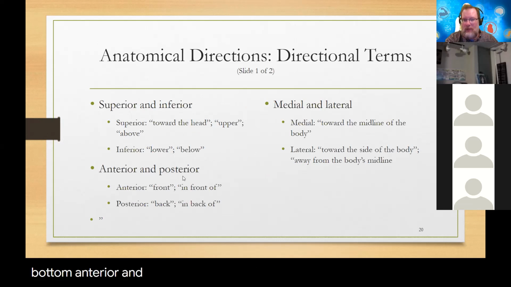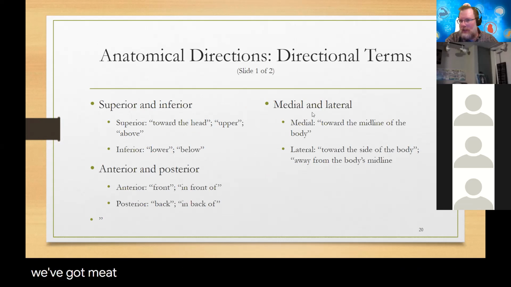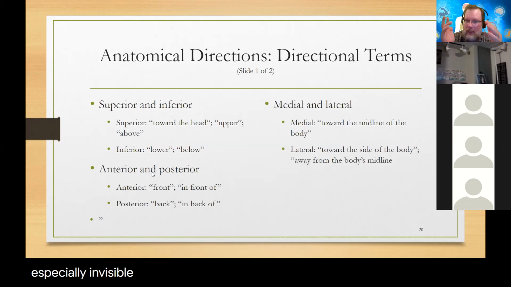Anterior and posterior, having to do with in front of and in back of. Okay, and then we've got medial and lateral, dealing with toward the middle and away from the middle. Now, when we look at anterior and posterior, you're going to see, especially in Visible Body, they use terms like ventral and dorsal as well.